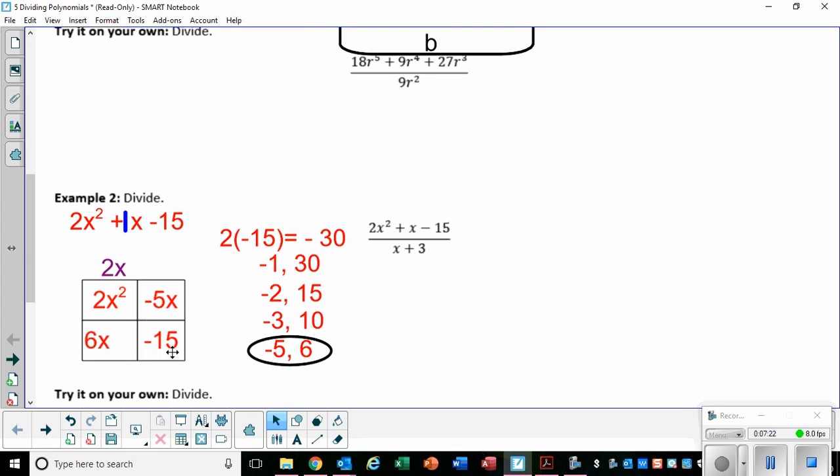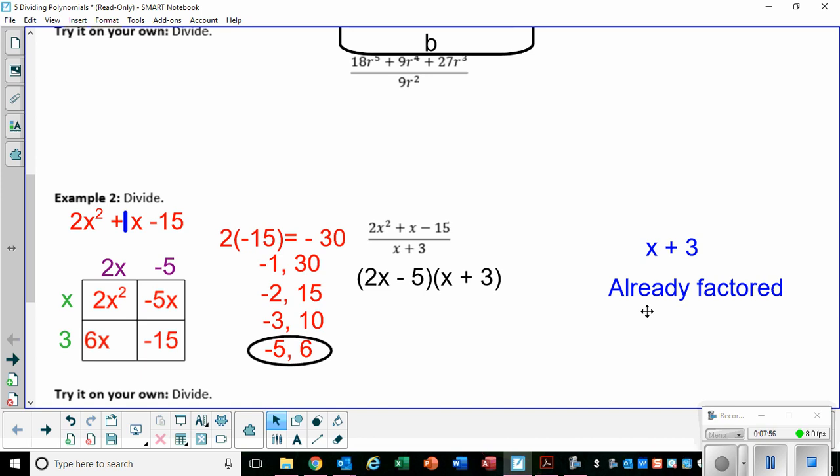Negative 5x and negative 15, they both are divisible by negative 5, so that's what I pull out. 2x squared and negative 5x, they both have an x I can pull out. And 6x and negative 15 are both divisible by 3, so I can pull that out. So those are my two binomials. I didn't have a GCF, so to rewrite the top in factored form, I have 2x minus 5 and x plus 3.